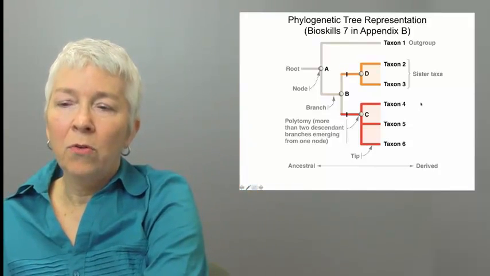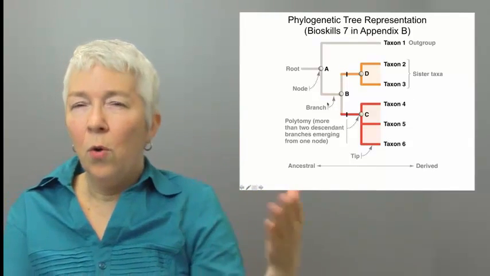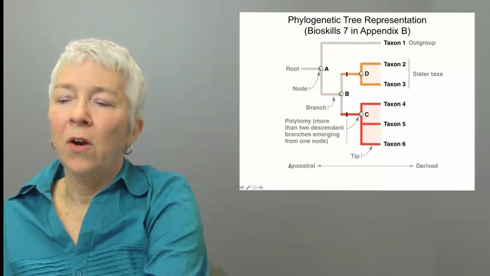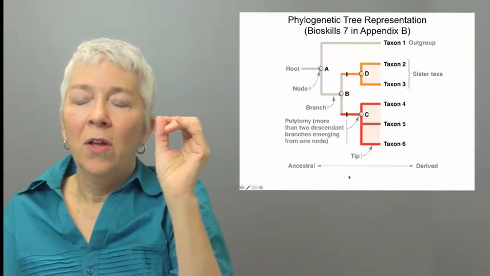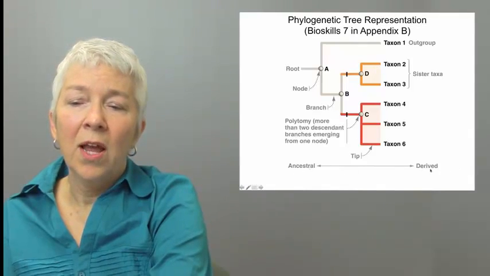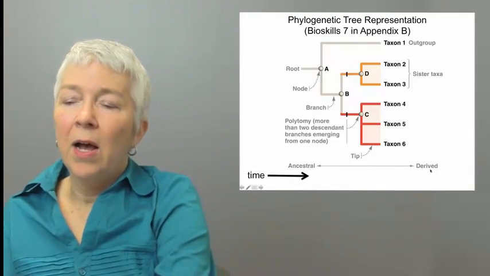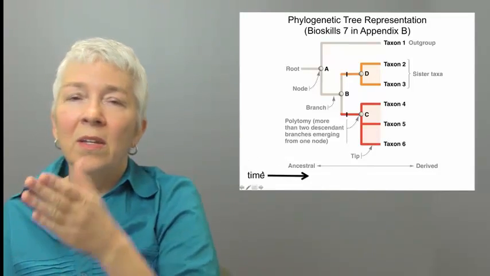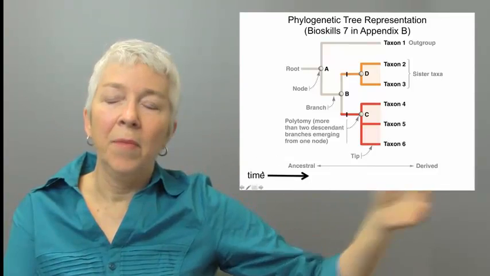And then as we go to the left here, we're actually going back farther in time. Notice down here at the bottom of this figure, there is a double-headed arrow that shows more ancestral and more derived. It might be less confusing to you to think about this also as indicating the progression of time.